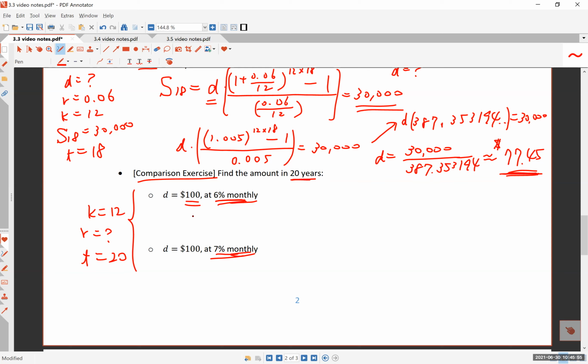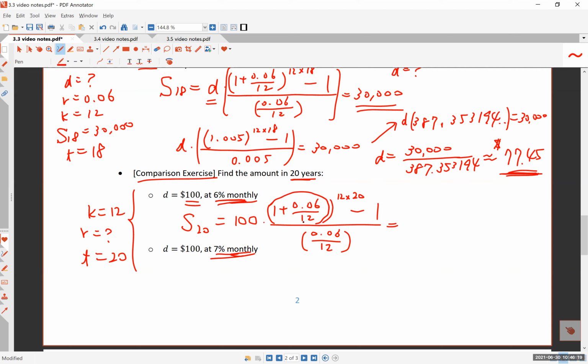How much money are you going to have? The sum after 20 years is going to be 100 times 1 plus 0.06 divided by 12, raised to the 12 times 20, and that is 240 payments, minus 1, all over the rate per period, right? I'm not going to show you how to do this. You have seen this before.